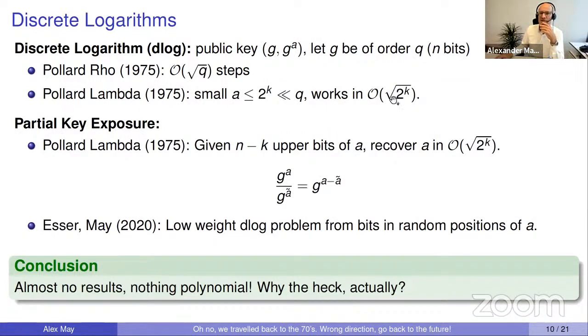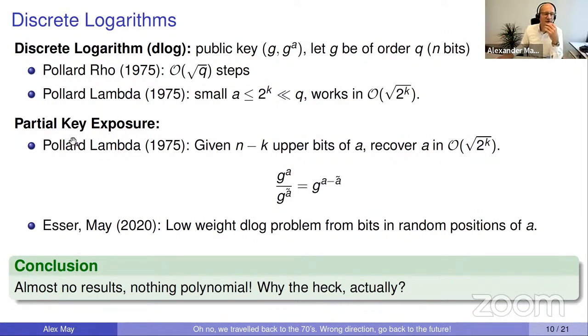So it's again the search space and the square root of it, right? But nothing better. It doesn't really collapse. So think again of our intuition. If I give you the upper bits, like n minus k bits, then it still retains its security, right? The security is still the square root of the size that you have. This is exactly what you want for partial key exposure.